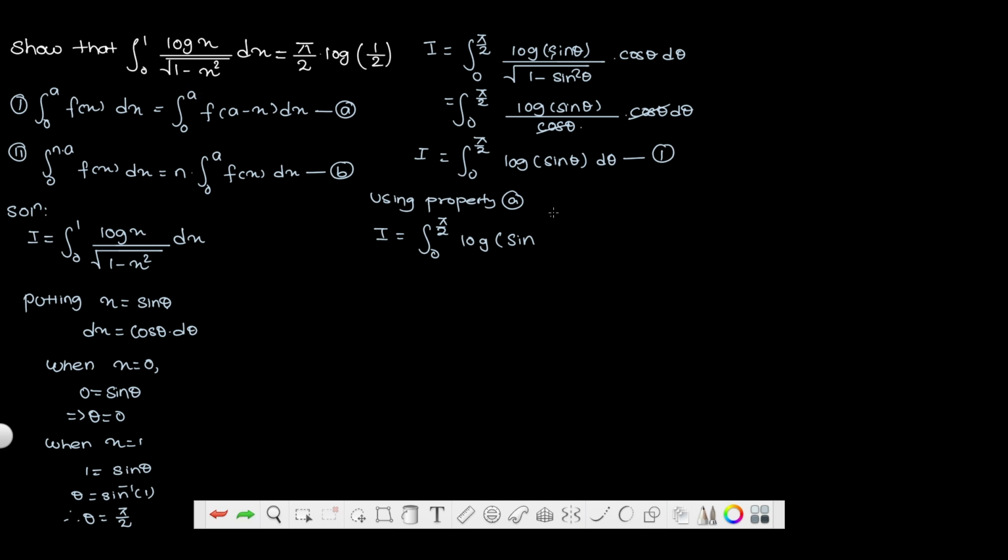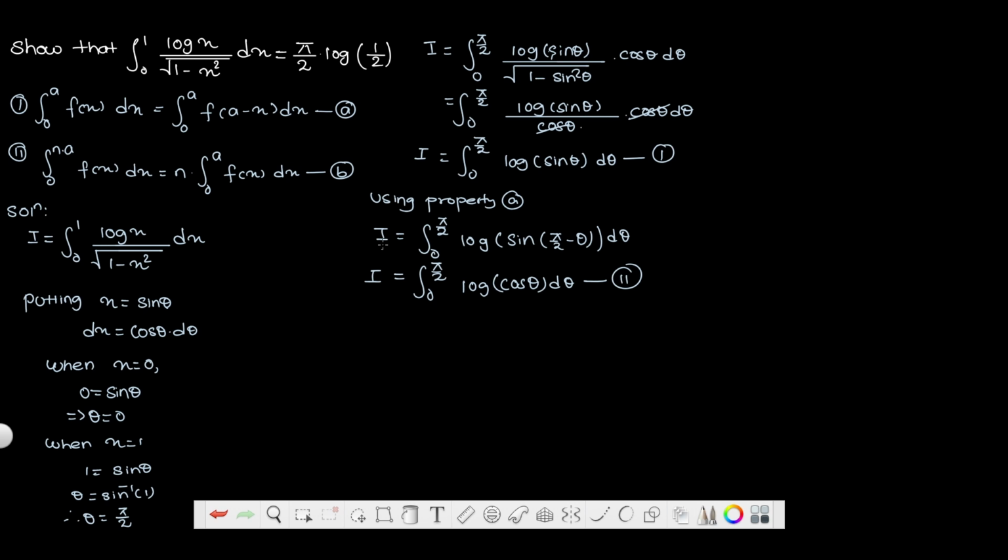So in place of theta we write pi by 2 minus theta, and d theta. So we get the integral from 0 to pi by 2 of log, and sine of pi by 2 minus theta is cos theta, d theta. I'll make this equation number 2.